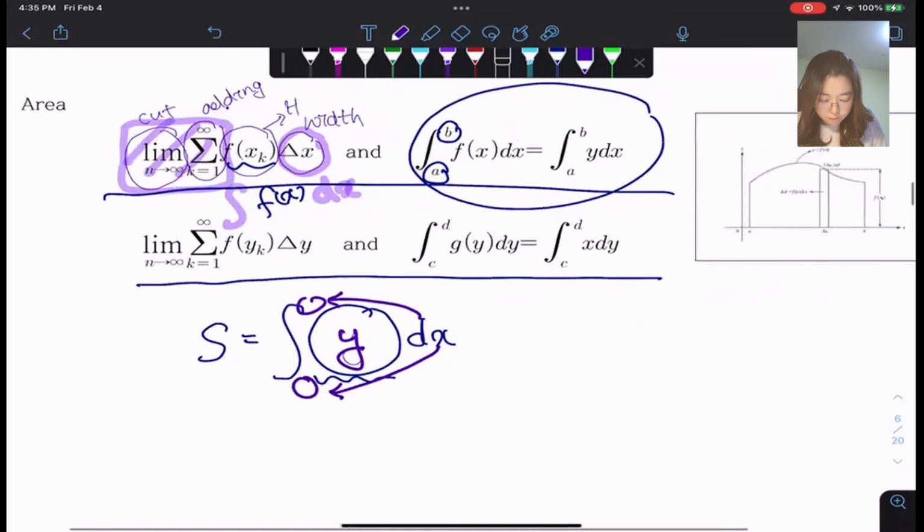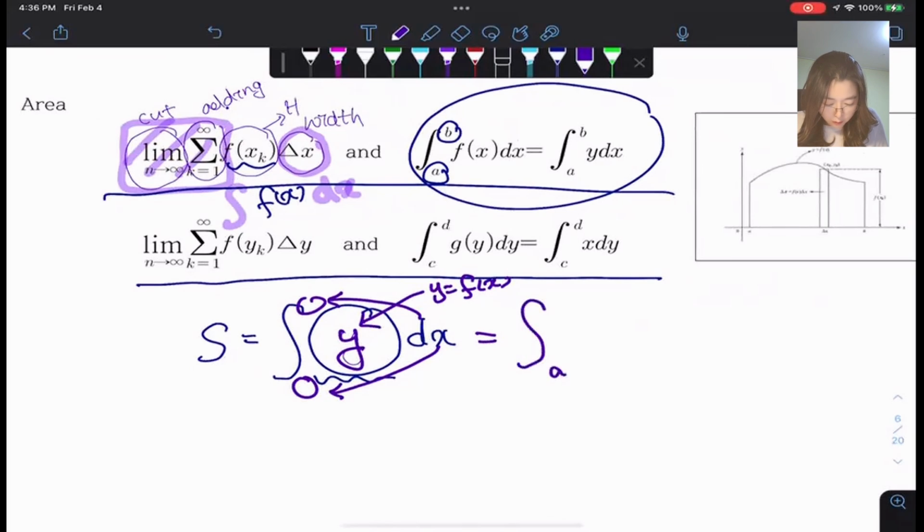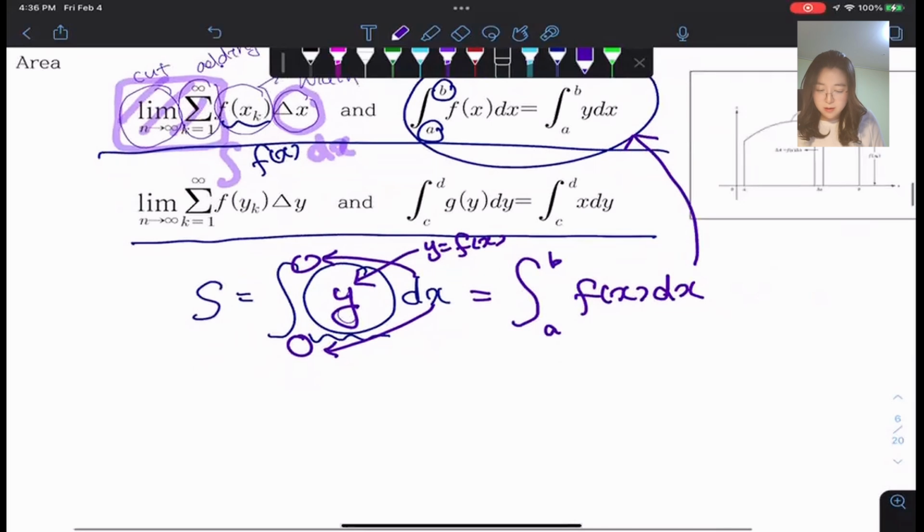Okay. I can rewrite, usually in the assumption, this is y equals f(x). So you should change the function in terms of x to calculate this equation from a to b. Specifically, this is f(x) dx. This is the same. Okay.